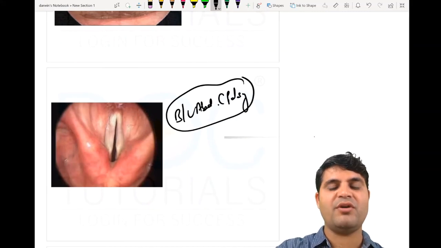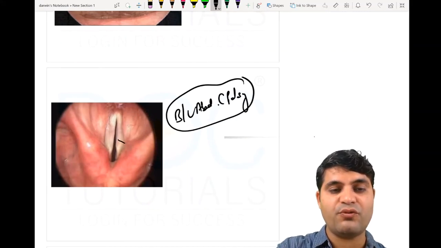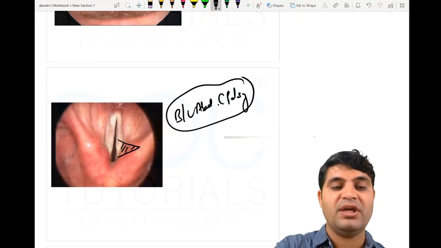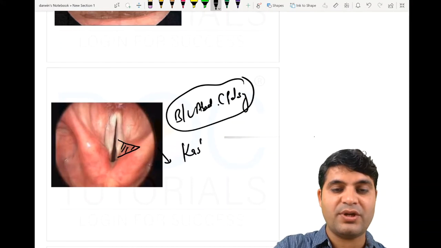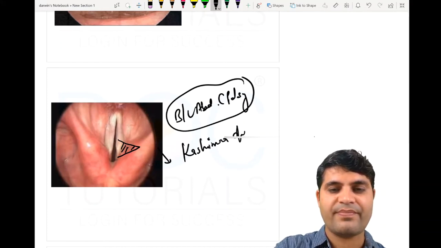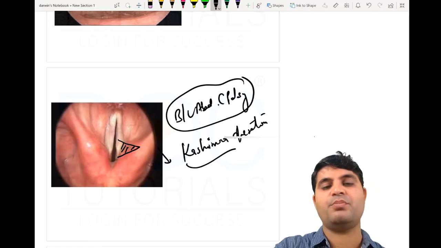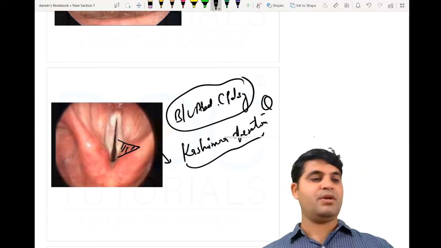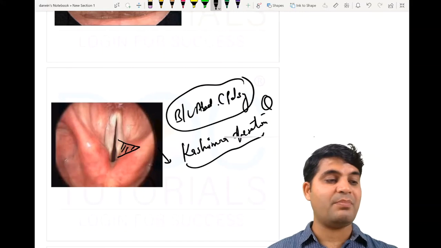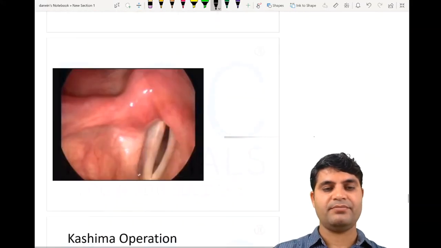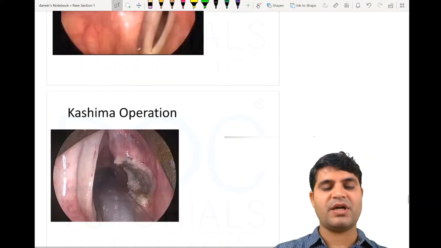Whenever you have bilateral abductor cord paralysis, you want to increase this space. So you take out this chunk of tissue, and this surgery is known as Kashima's operation. Kashima's operation, very important. Clear? So bilateral abductor cord paralysis. Yes. Clear? So this is Kashima's operation.